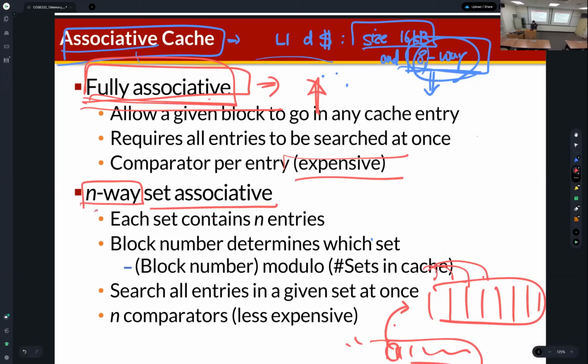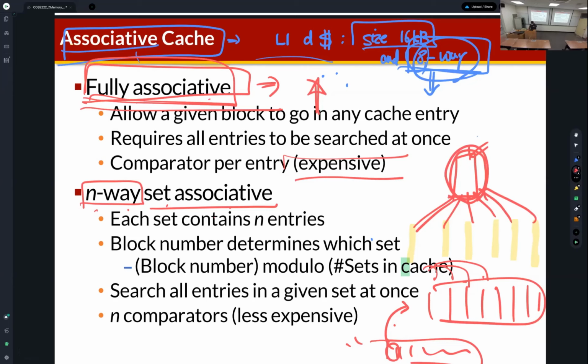But n-way set associative is the intermediate solution, which means that many memory blocks can be mapped into this cache set, but this cache set can store up to n blocks.